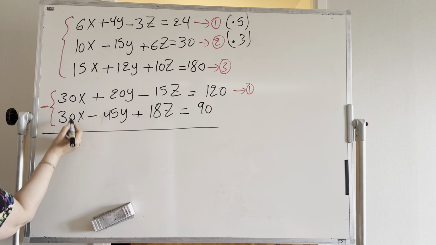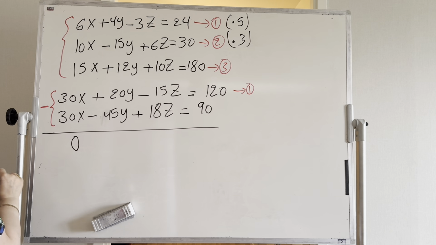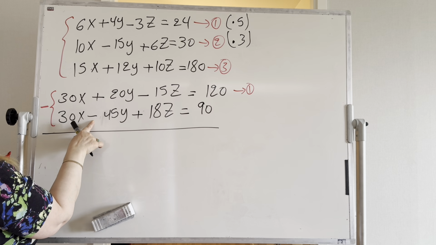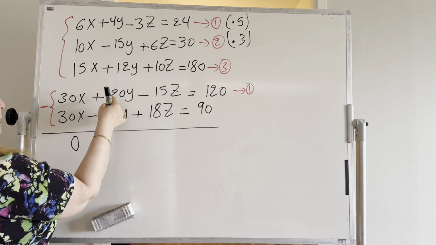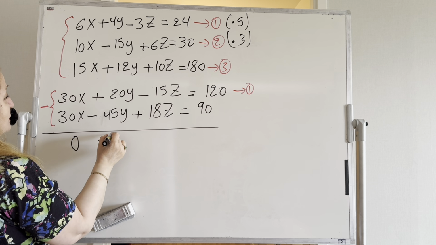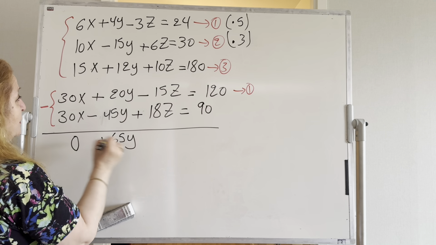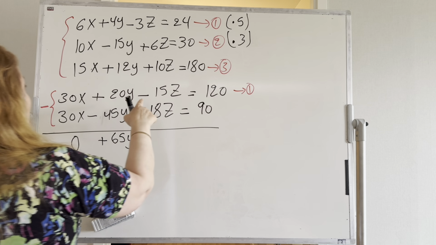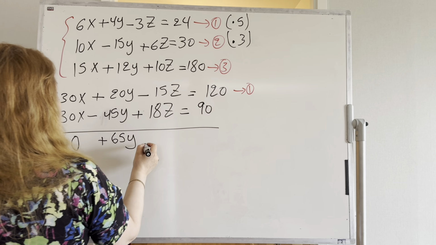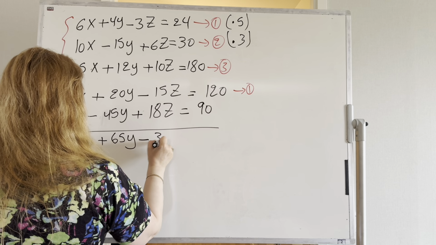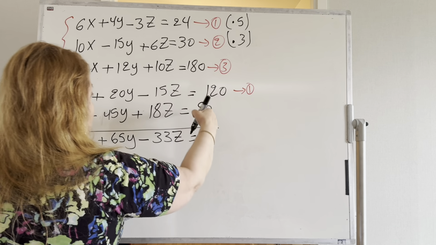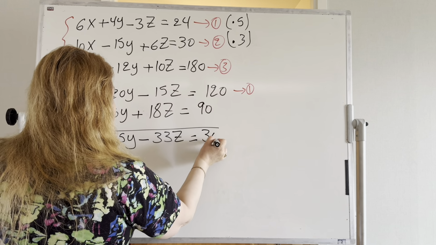30x minus 30x, it will be 0. 20 minus minus be plus, it will be plus. 20 plus 45, plus 65y, minus 15z minus 18, minus 33z, equal 120 minus 90 equal 30.